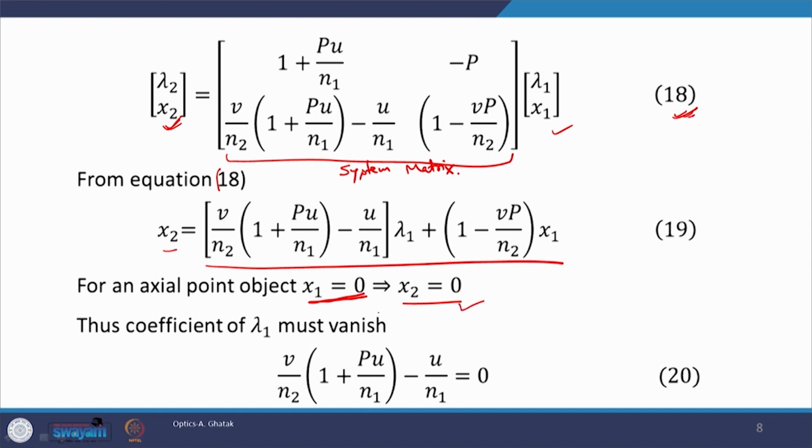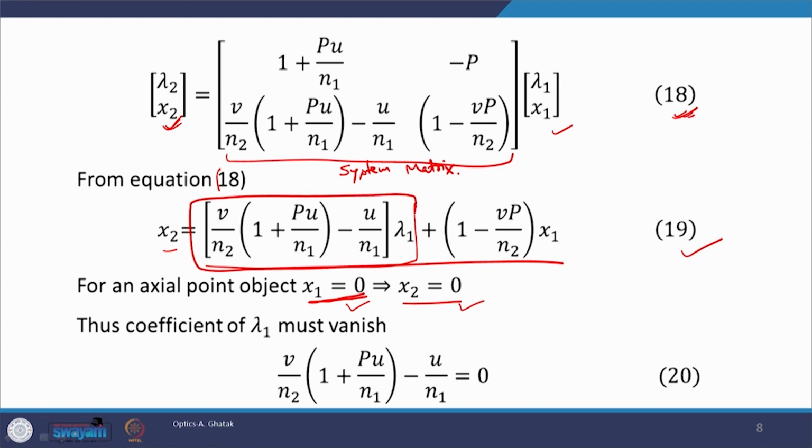Now, once x1 and x2 are 0, which is for axial point object and point image, then from equation 19 we will get that this term, the first term on the right hand side, should be equal to 0, but lambda 1 cannot be equal to 0.